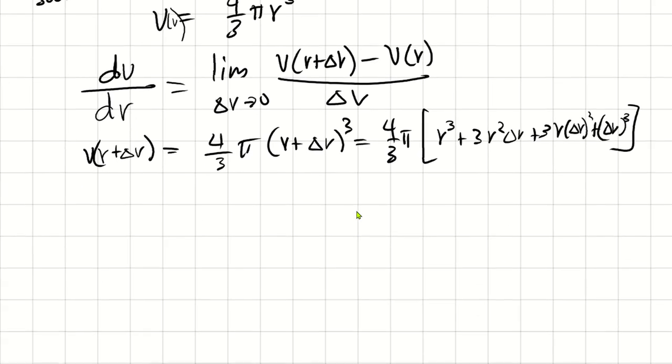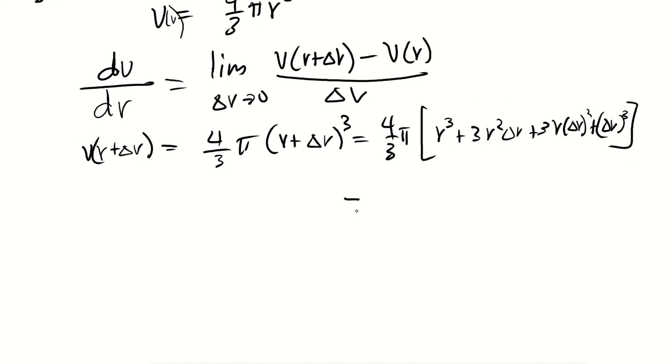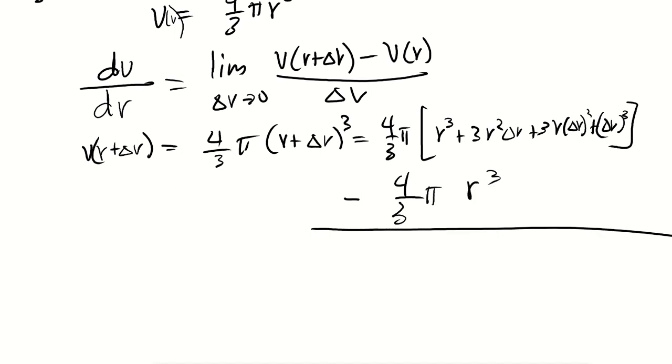Then we need to subtract this one with 4 over 3 pi r cubed. So what will be the result? The result, this will cancel out and this will cancel out.